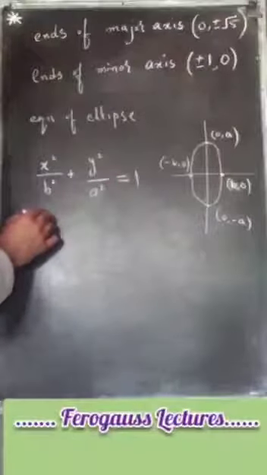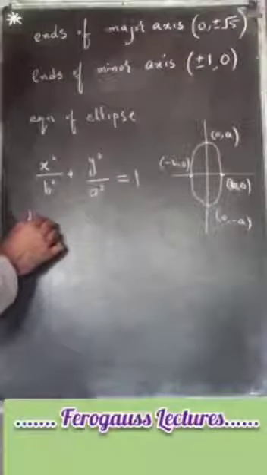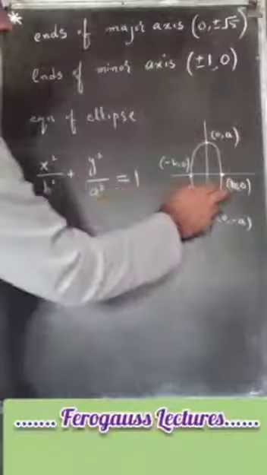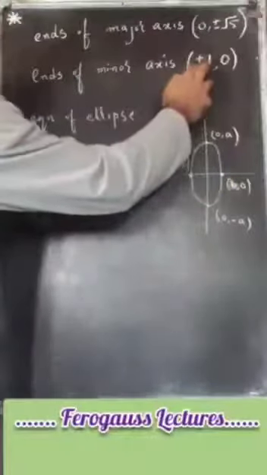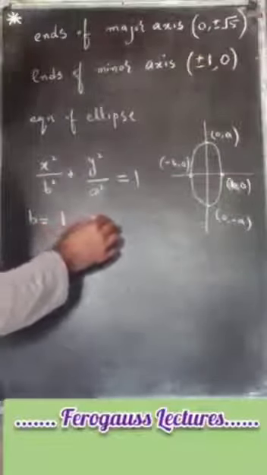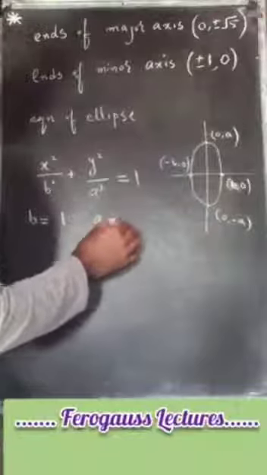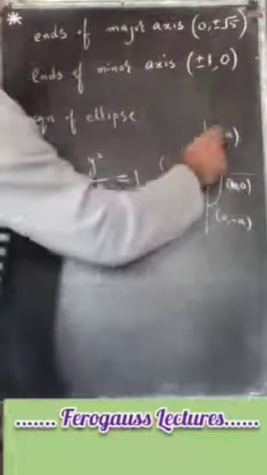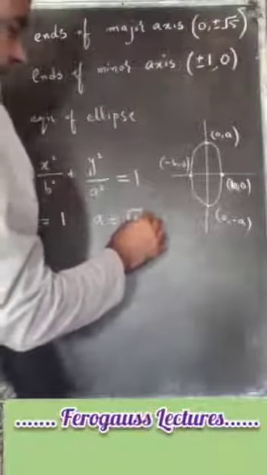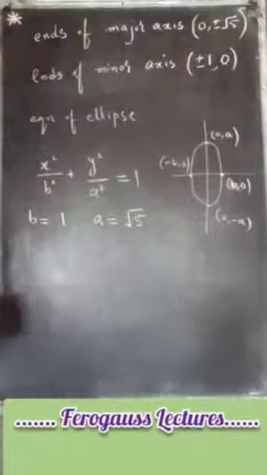Now here b is equal to 1, so we have b is equal to 1 and a is equal to square root of 5. Okay?